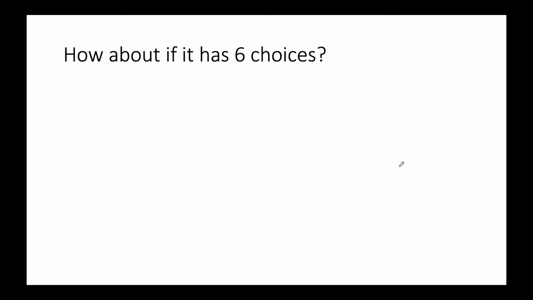Now, let us try to change the question. What if it is still a 5-item matching type question, but it has 6 choices? What will happen is that the value of the 5 items will still be the value of our r, and the number of choices will be the value of n.